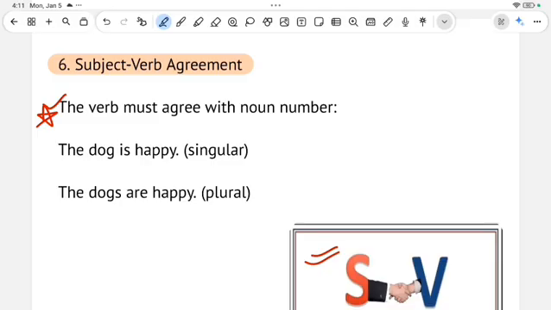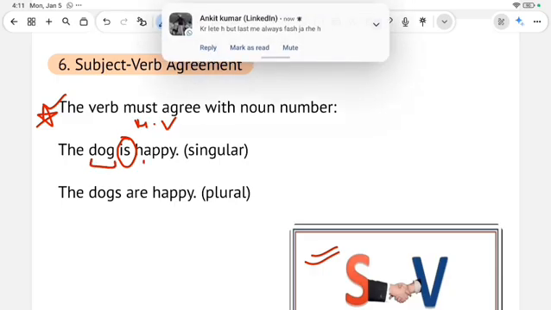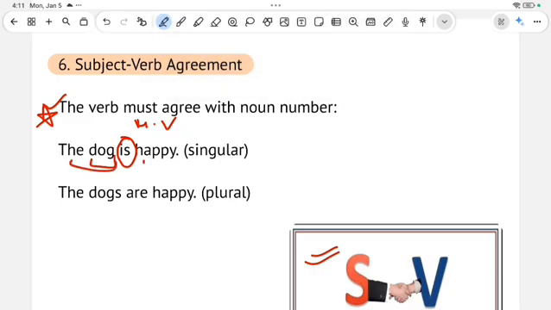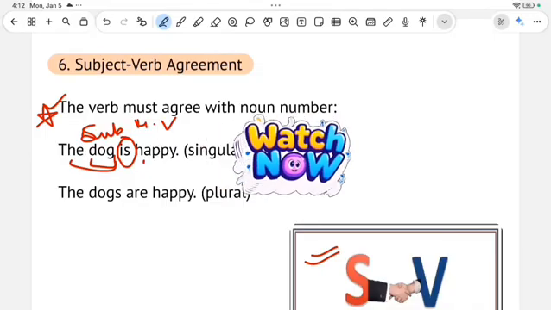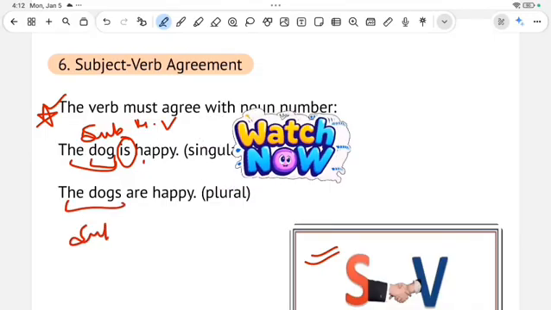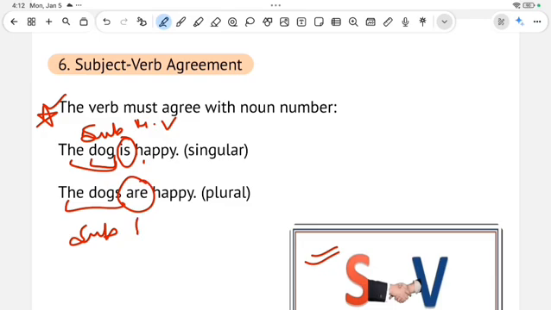The dog is happy. Here, as you can see, is is your helping verb, right? And happy, the dog. Okay, and here the dog is your subject, right? We have discussed subjects and predicates in our short video and in our long video as well. If you have not watched that, I must recommend you to watch that as well. The dogs are happy. Here the dogs is our subject, and are is our helping verb, which is for plural.